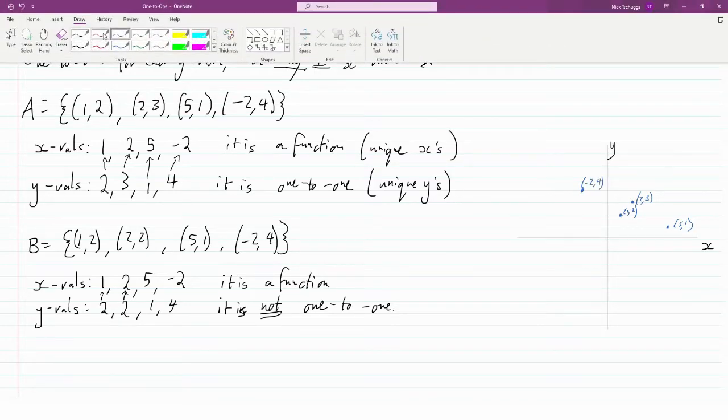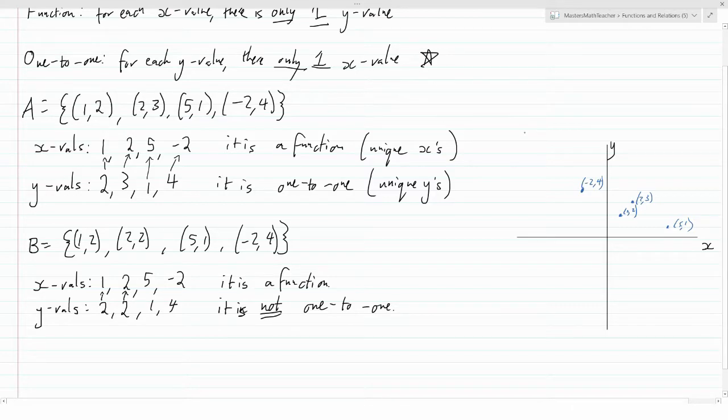When we were doing the function test, we did a vertical line test to check if it is a function or not. We drew these vertical lines and it passes for all these points, so it was a function.